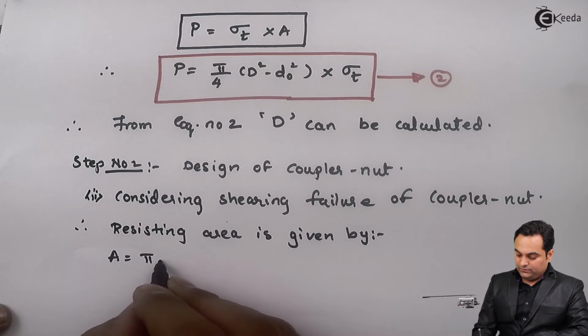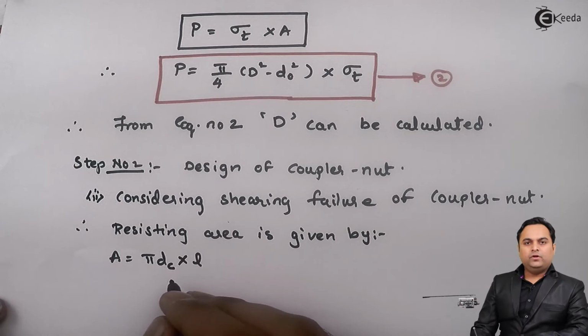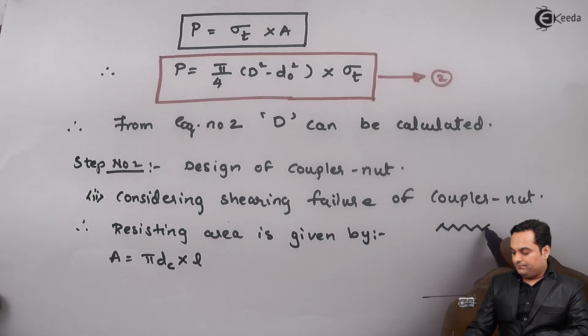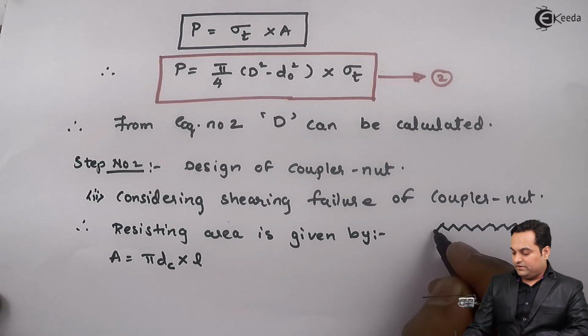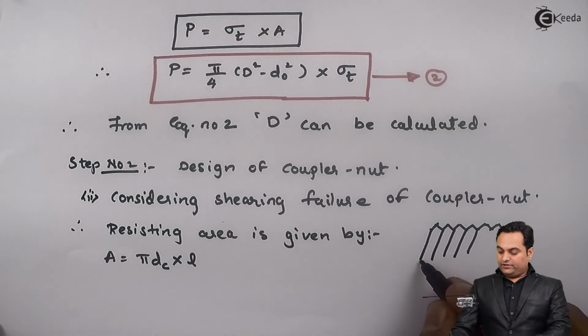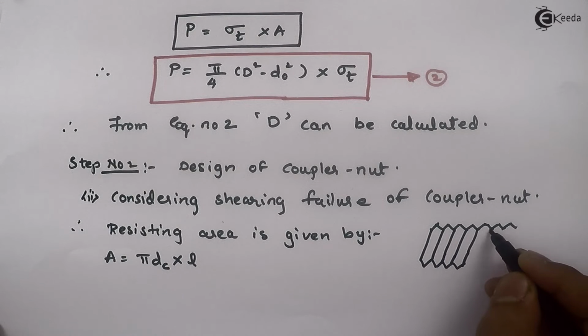capital A is equal to pi into DC multiplied by L. Now what is this pi into DC? I'll explain with a diagram. Here I have a screw thread. So now I am drawing the thread profile here. This is a screw thread which I am drawing.